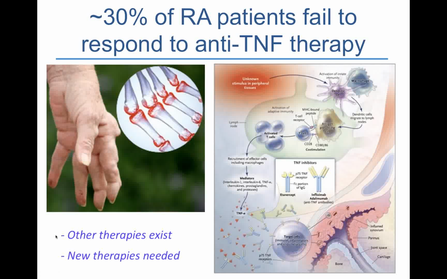This class of drugs is remarkably effective, but as is often the case with these complex diseases and medications, response is incomplete. The numbers vary from study to study, but in general, about 30% of patients will fail to respond adequately to anti-TNF therapy.